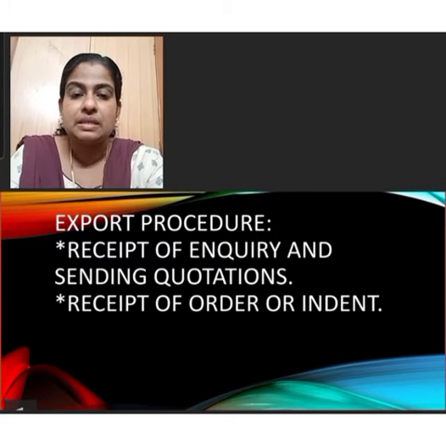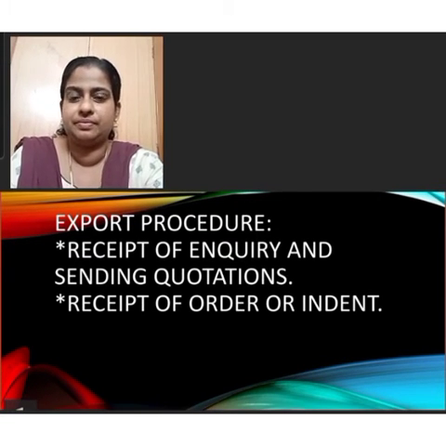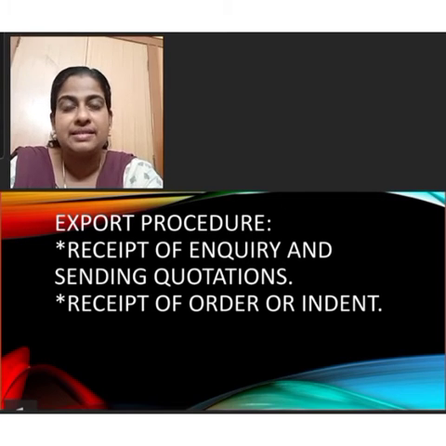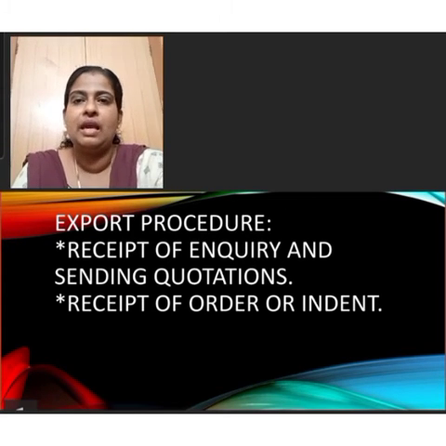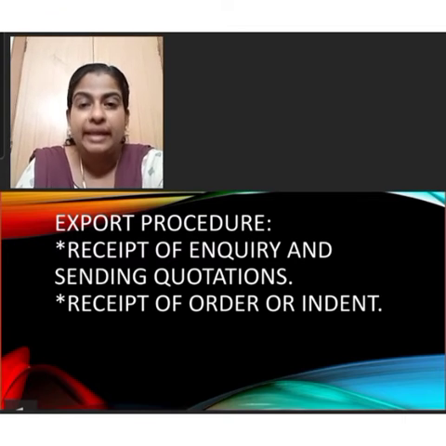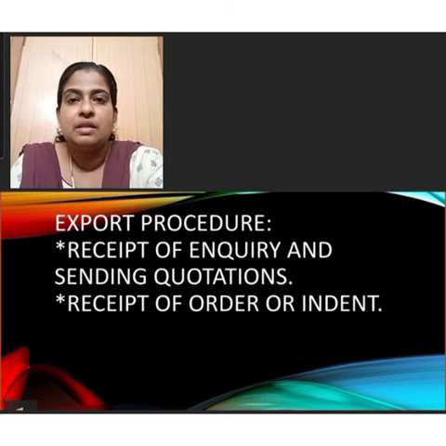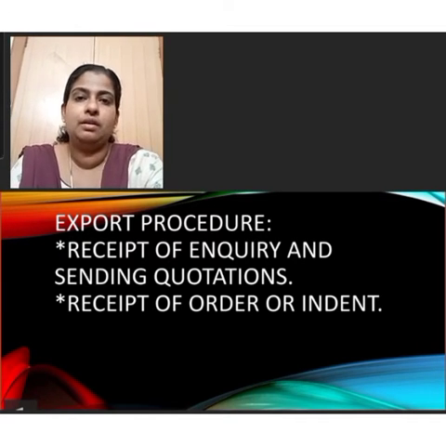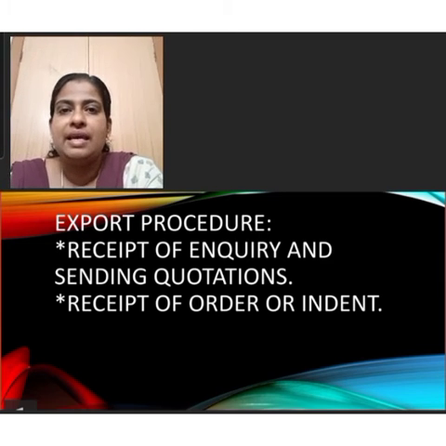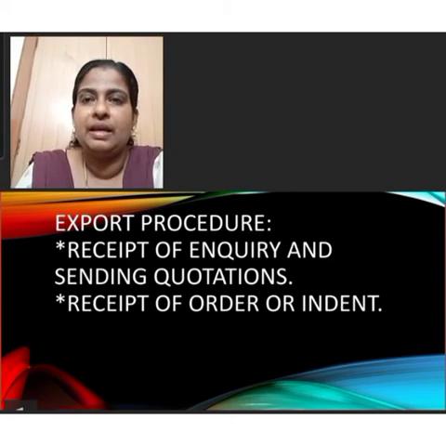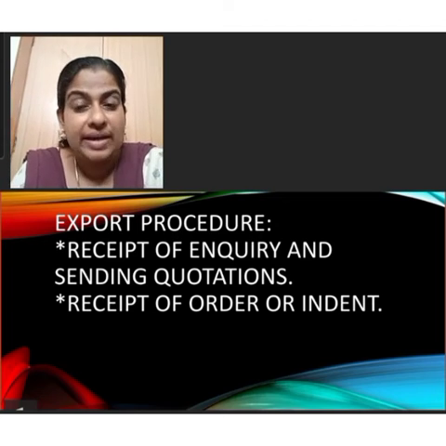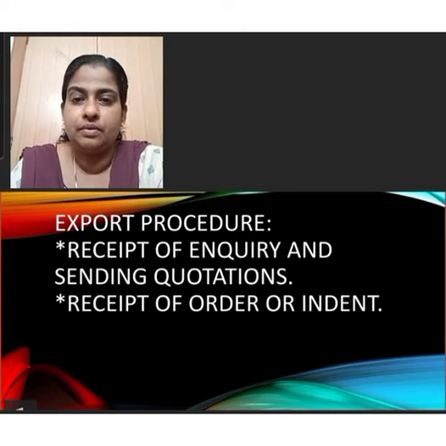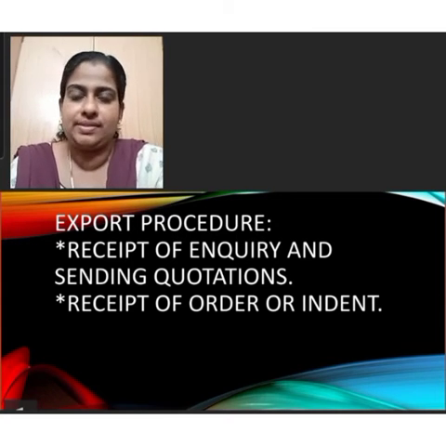The second step is receipt of order or indent, or receiving an indent and sending confirmation. The intending importer, after scrutiny of the quotation or pro forma invoice, sends an indent. The exporter may receive an indent directly from the importer or through an indent house.